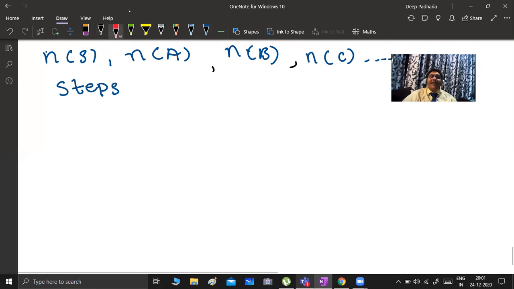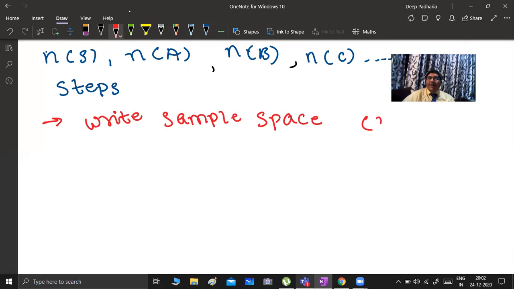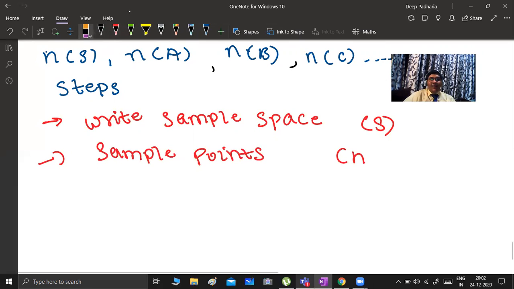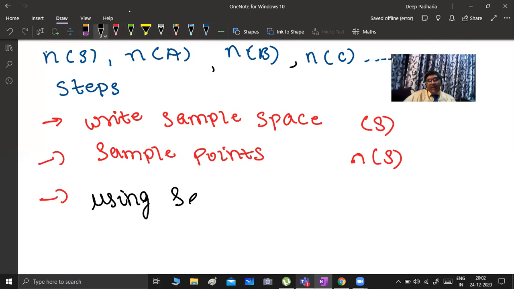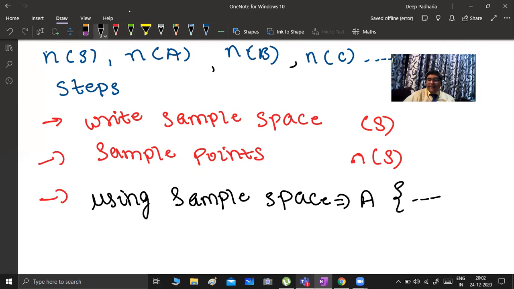ठीक है, अभी फाइंड कैसे करने का पैटर्न स्टेप्स जिसको हम लोग बोलते हैं, तुम लोग याद रख सकते हो. पहला स्टेप, write sample space denoted by S. Then write sample points. That will be N of S. Then using sample space, you can form event A. फिर तुम लोग लिख सकते हो N of A. ठीक है?